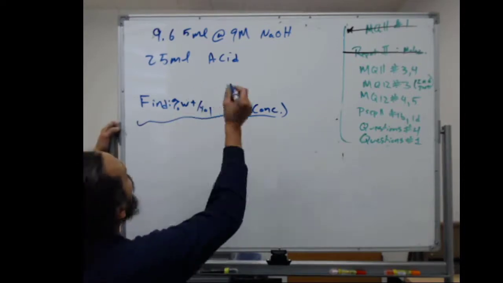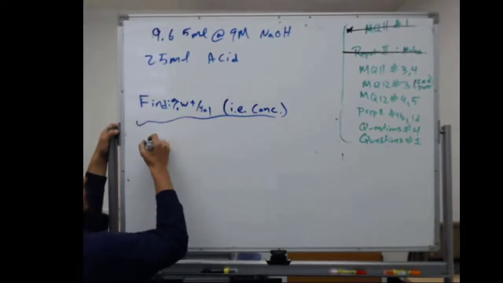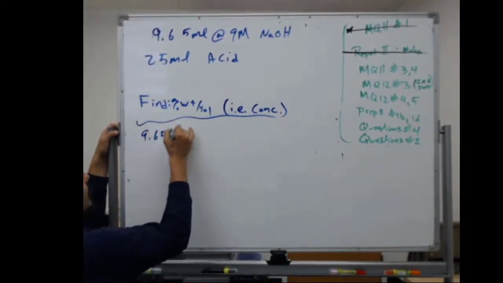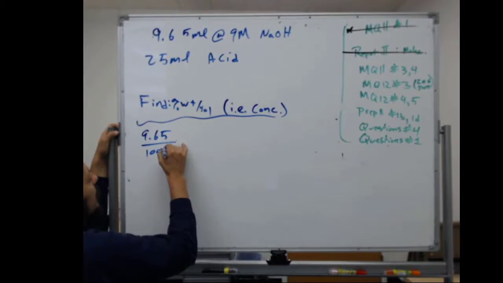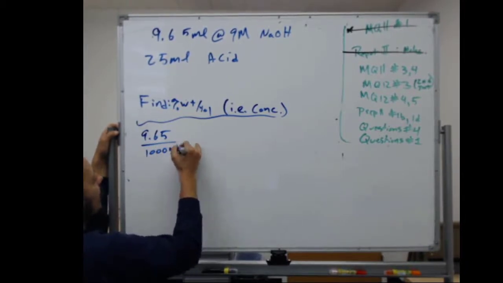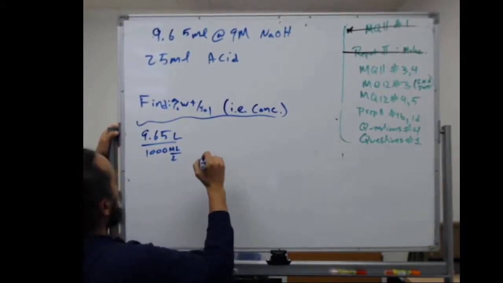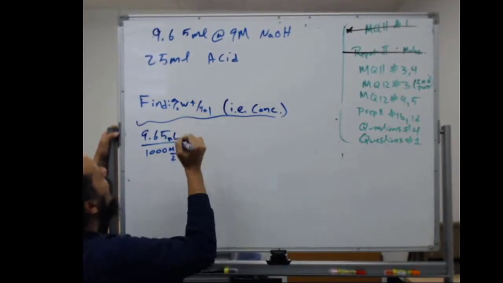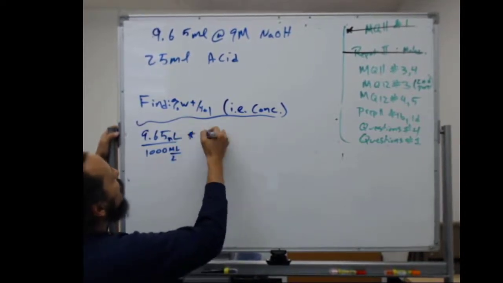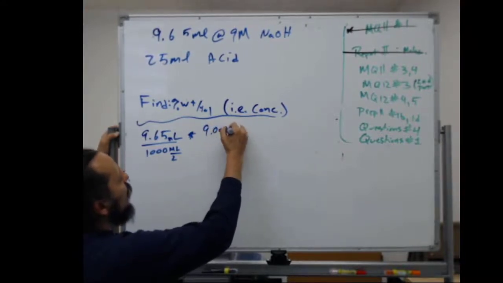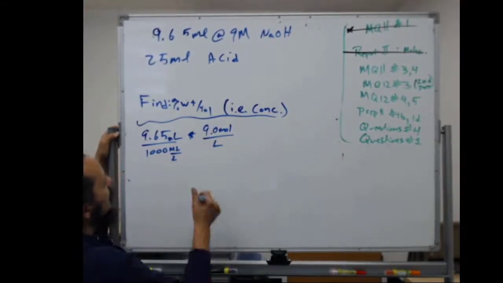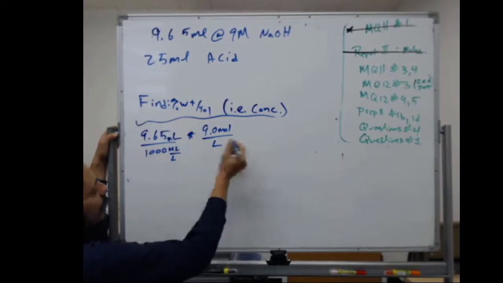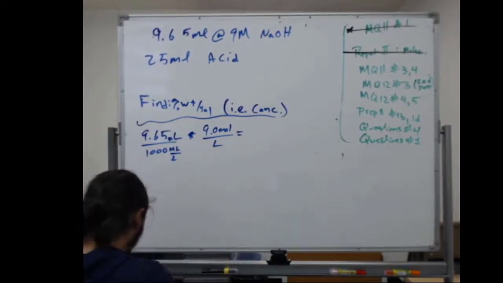So in this one, we're going to calculate the moles of sodium hydroxide: 9.65 divided by 1,000, times 9.0 moles per liter. The liters will cancel out, the milliliters will cancel out, and this will give us moles of sodium hydroxide.